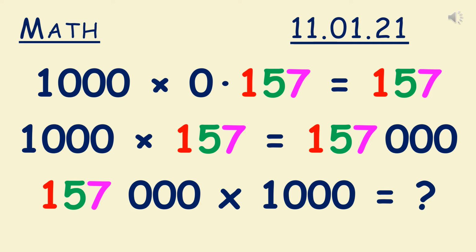We can then take 157 and times that by 1,000 to make 157,000. Using this knowledge, can you tell me what 157,000 times by 1,000 is? Pause the video, give yourself time to work that out.